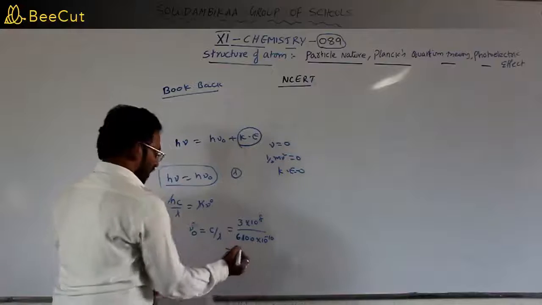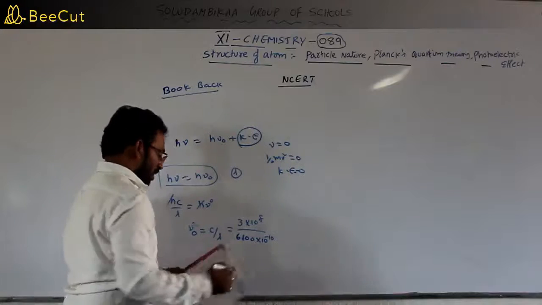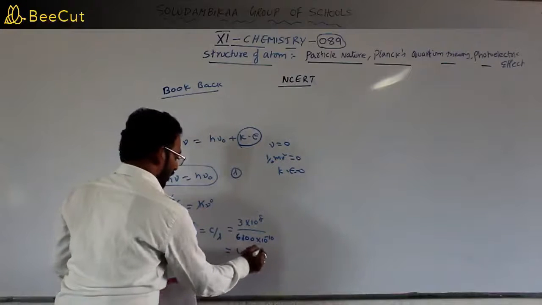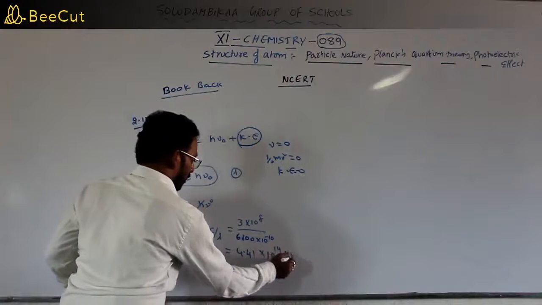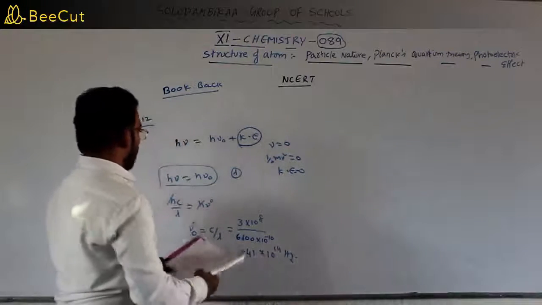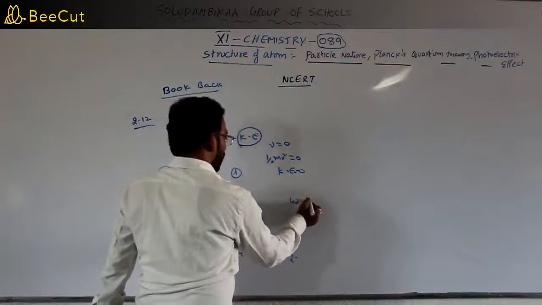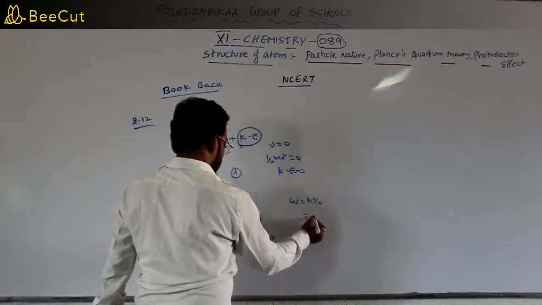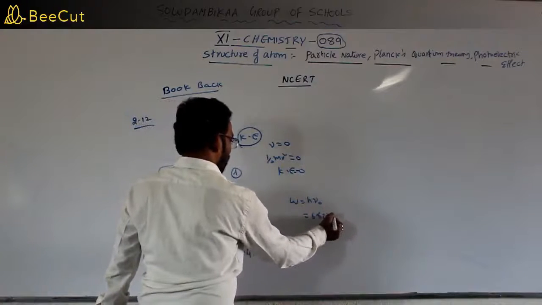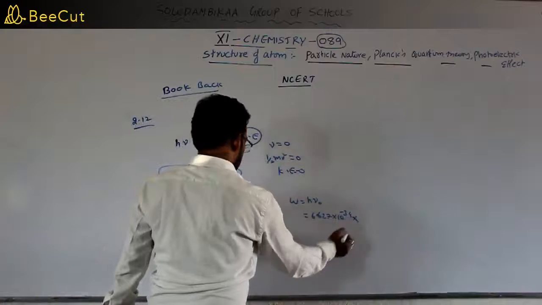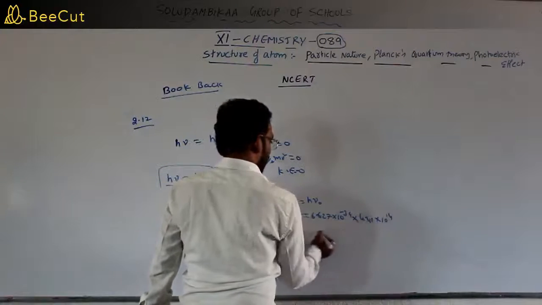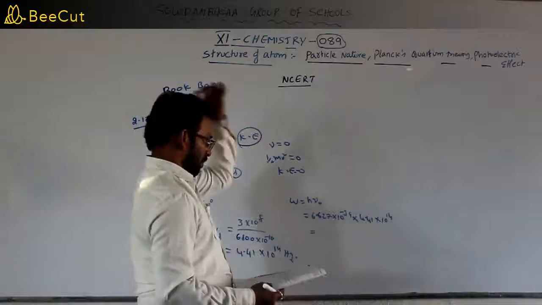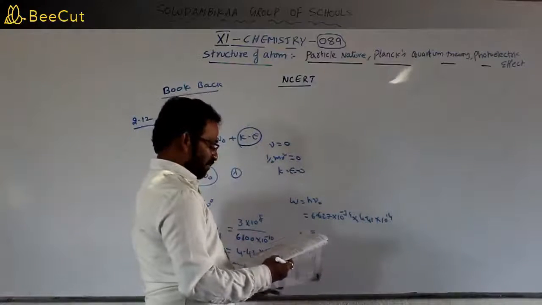So we can get the threshold frequency, 4.41 into 10 to the power of 14 hertz approximately. Now here we know that work function is equal to h into nu naught. H value 6.627 into 10 to the power of minus 34 into nu naught value 4.41 into 10 to the power of 14.